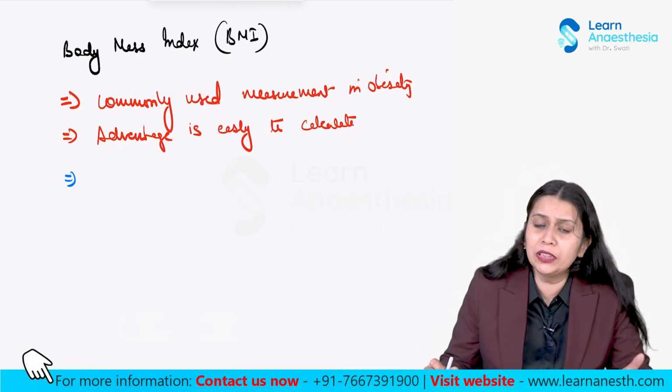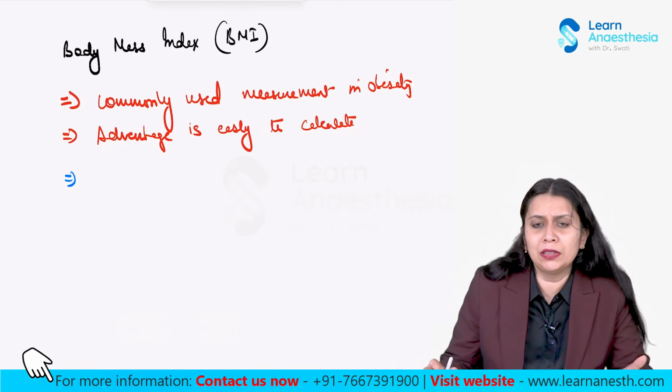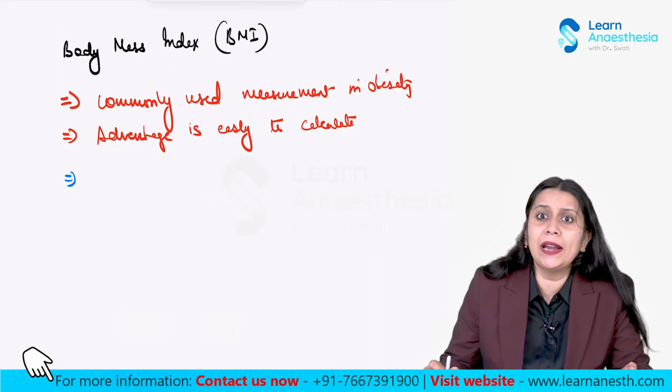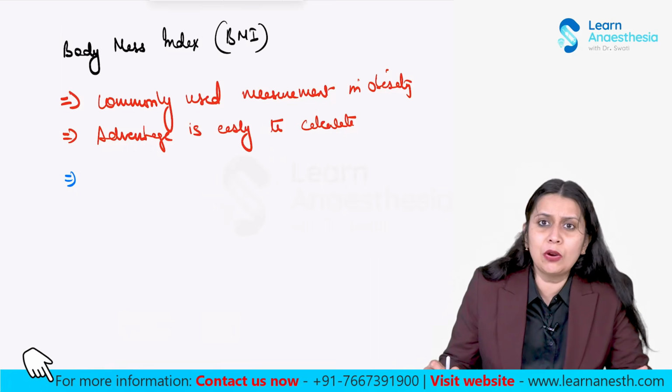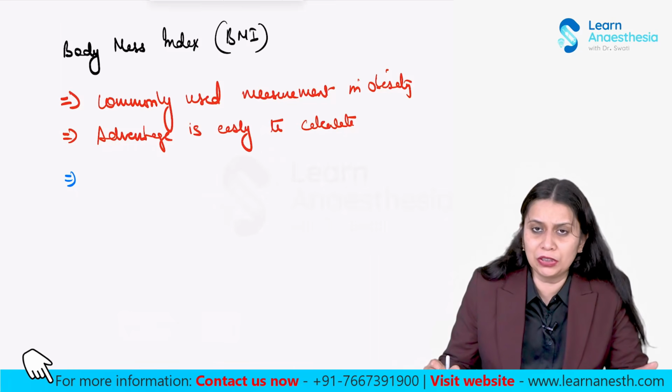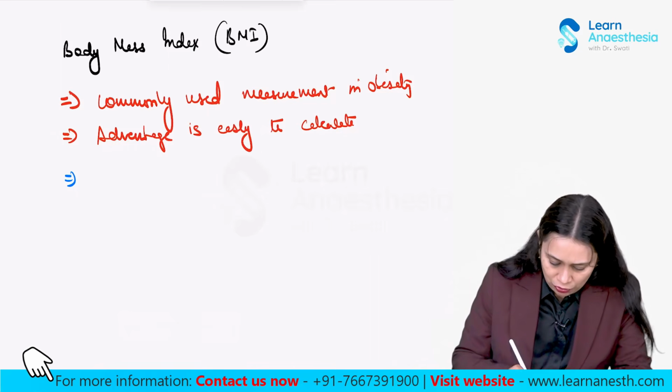I talked about central obesity, and I'll talk more about it. That is worse. So BMI does not give us an idea of the distribution of fat. Neither does it tell us about the association of metabolic syndrome which is present in these patients. So that is why it is not very sensitive, but still it is one of the commonest ways of classifying obesity.